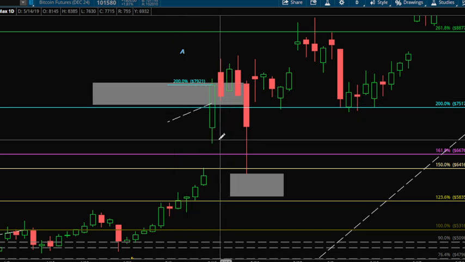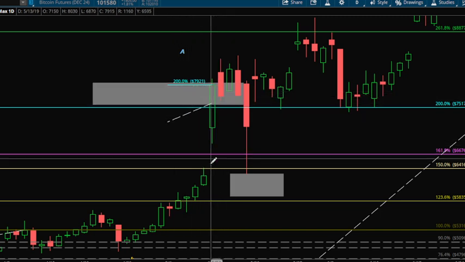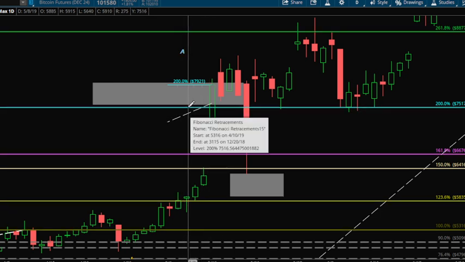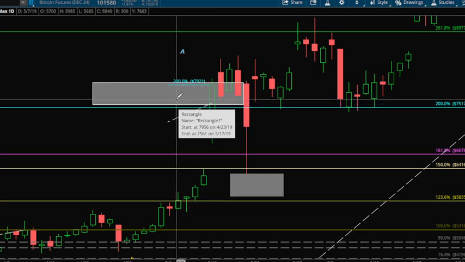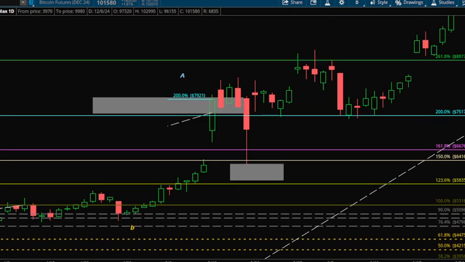This measurement of the gap tells me that if it didn't gap here, this candlestick would have closed right on the 200%. So I have to take that into consideration. So this gives us our next A.